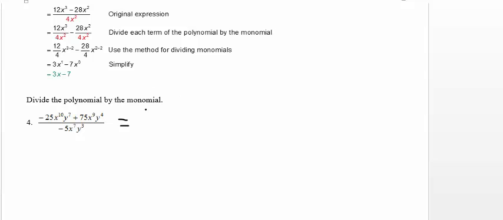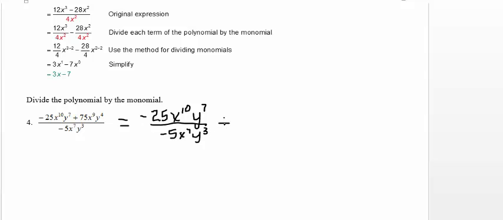So what I'm going to do here is divide each term in the numerator polynomial by the denominator polynomial, which happens to be a monomial.